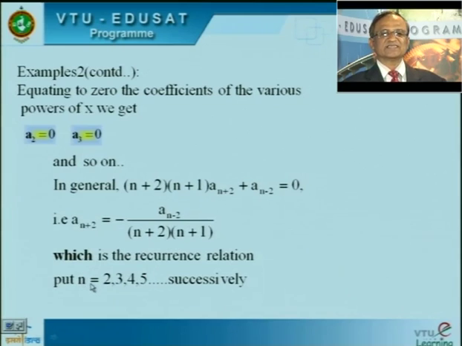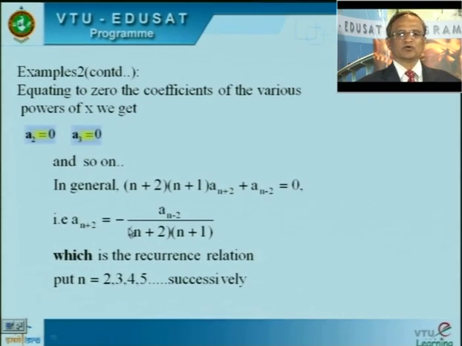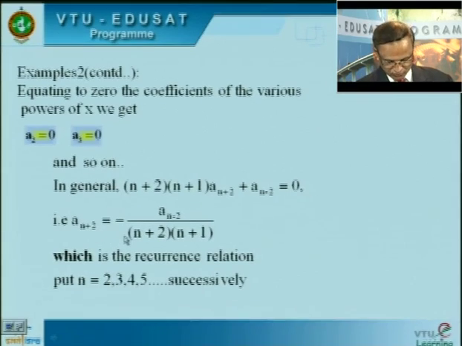So, in this series, if I replace n by 2, 3, 4, 5 and so on successively, I can obtain, when we replace n by 2, a suffix 2 plus 2, that is a4, equal to minus a naught divided by 4 into 3. So, like that I can obtain a4 and a5 and so on.